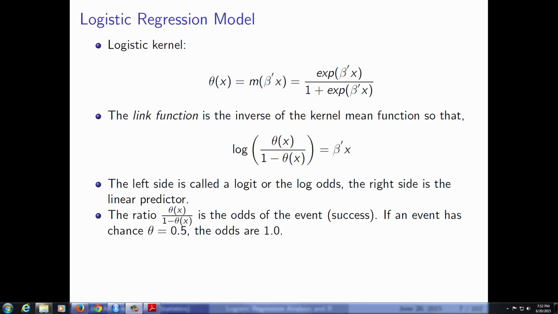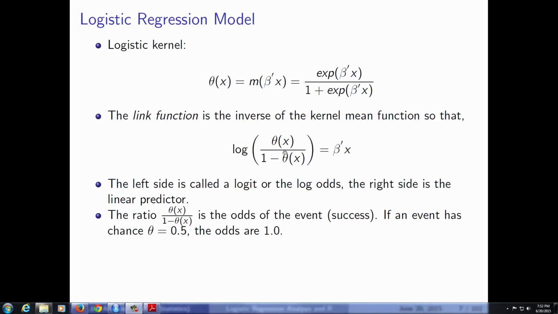And that's the definition of an odds. And so this expression right here in the middle of the overhead is the log, the natural log, base e, the log of the odds of the event, not really the probability of the event, but the odds of the event are equal to this linear combination of parameters and data.